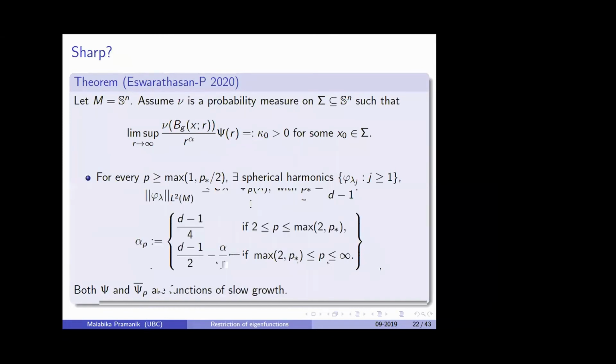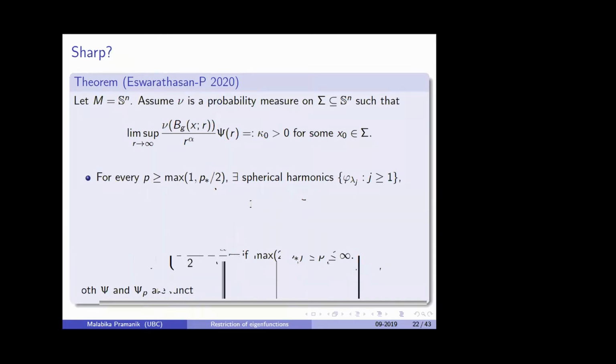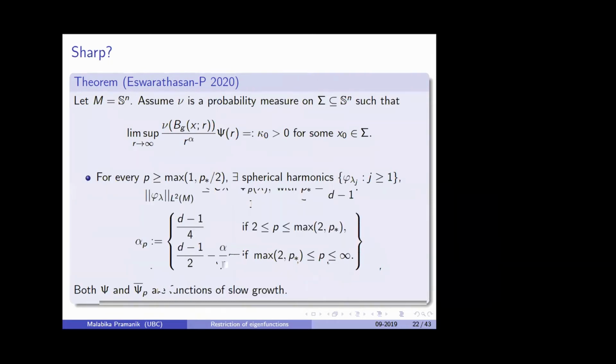Are these results sharp? It turns out that for large p, they are.